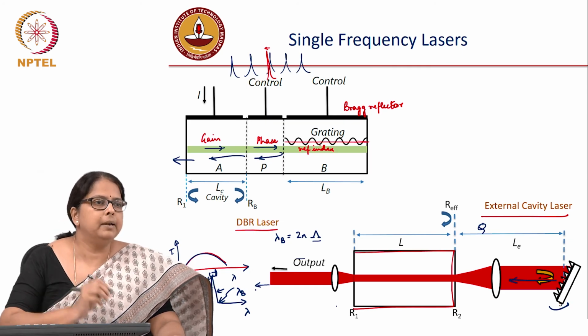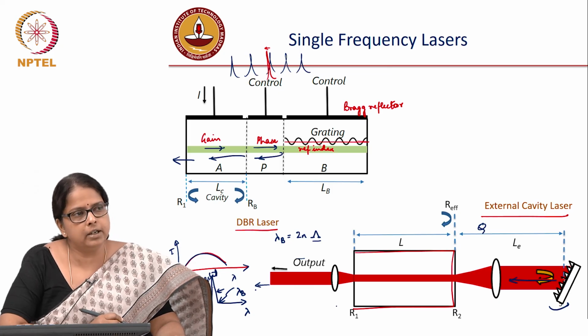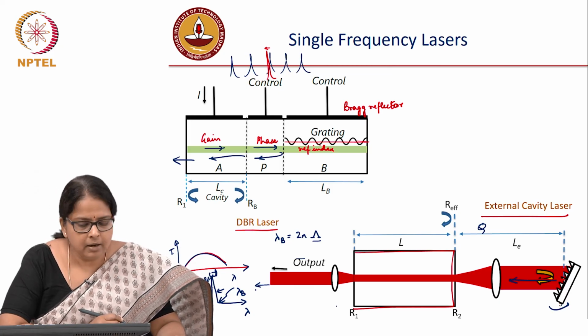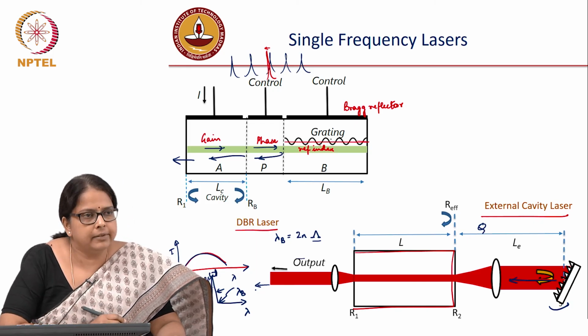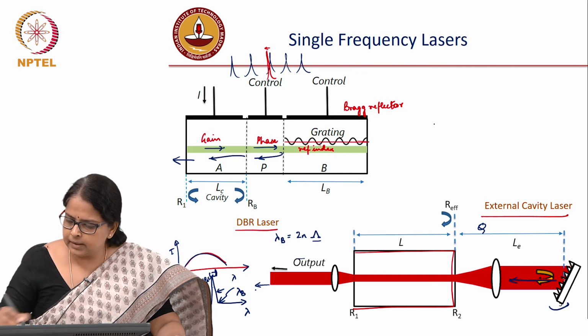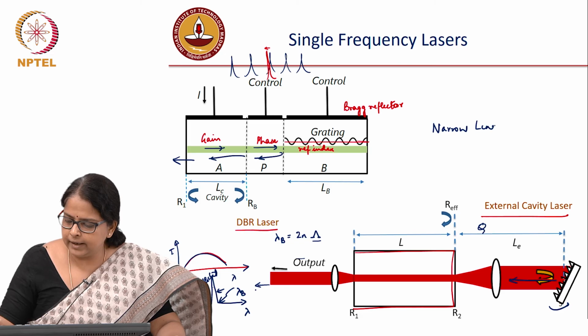So, these are the popular lasers which are used for coherent communication. One is a DBR laser with a gain section and a phase section, another one is an external cavity laser. Both of them lead to narrow line lasers of the order of 100 kilohertz line width.